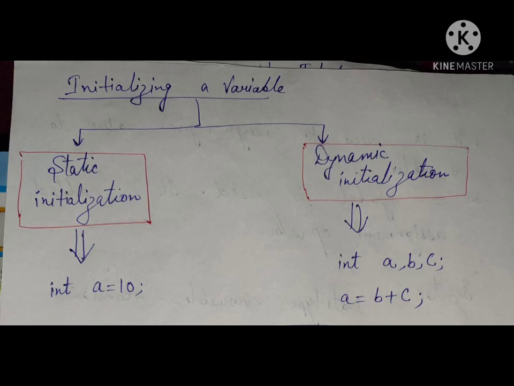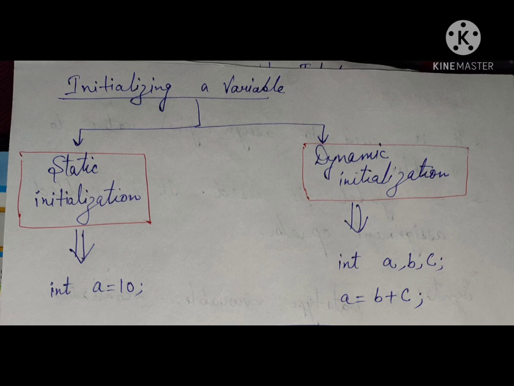Now how can we initialize a variable? What is initialization of a variable? When we assign a value to the variable, it is called initialization of the variable. It is of two types, static initialization and dynamic initialization. What is static initialization? When we assign a direct constant value to the variable at its time of declaration, it is called static initialization.